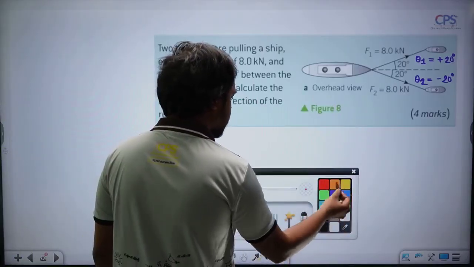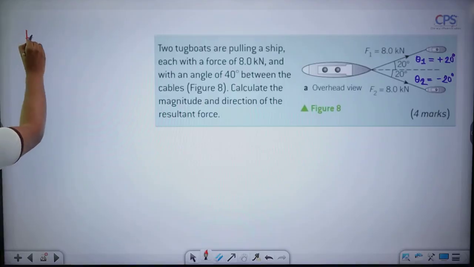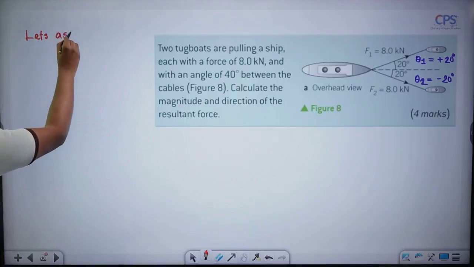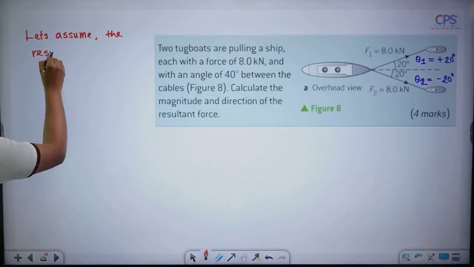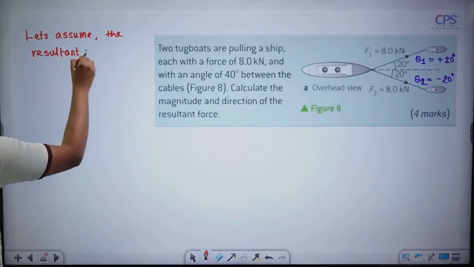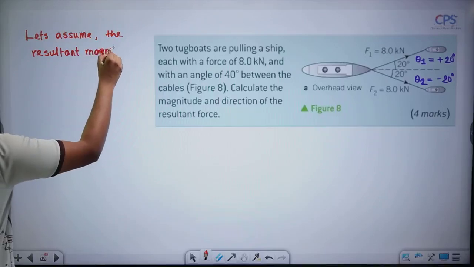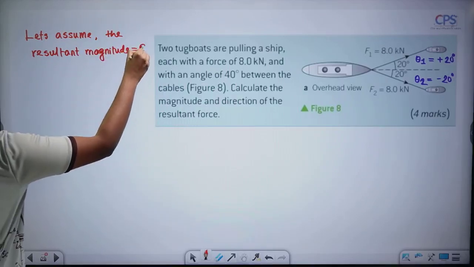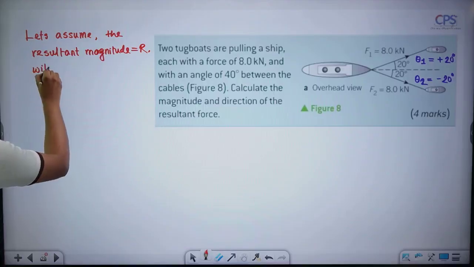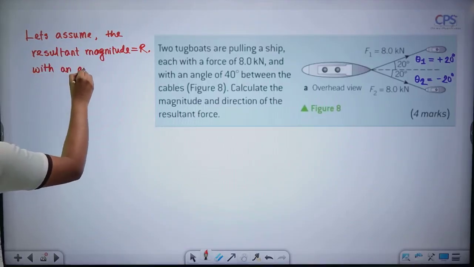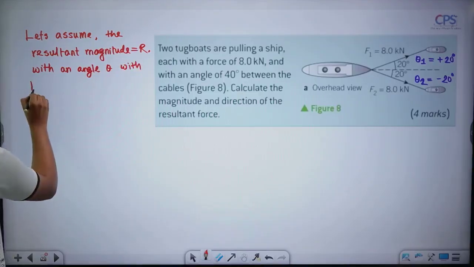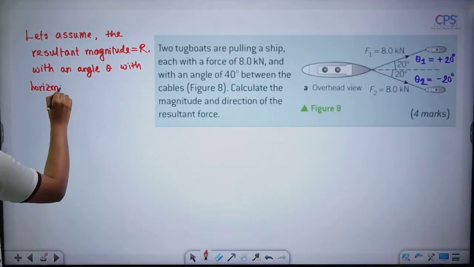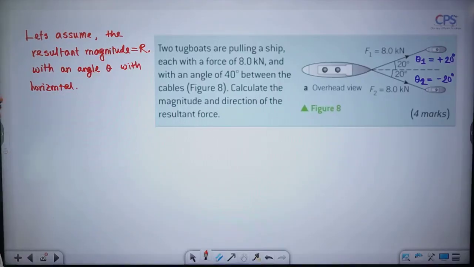So, how to calculate? Let's assume the resultant magnitude R with an angle theta with horizontal. Okay, this one is easier than the previous one because this is only two vectors.